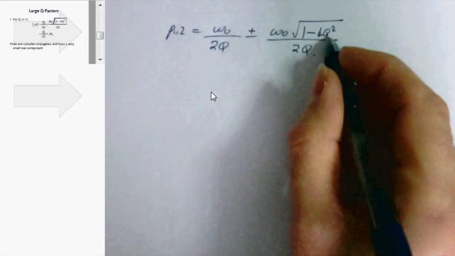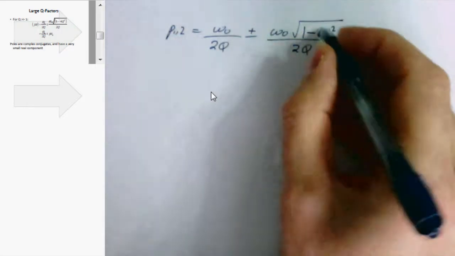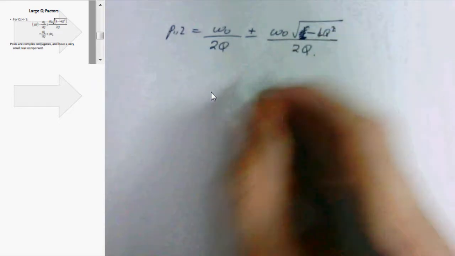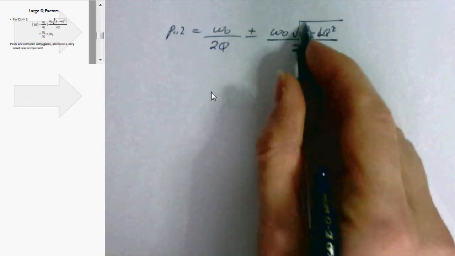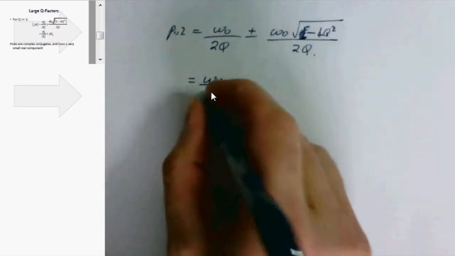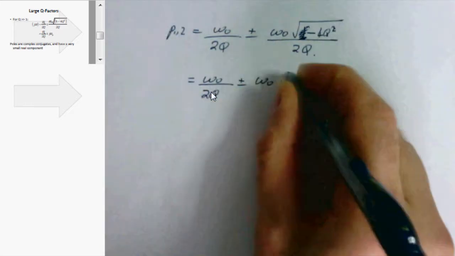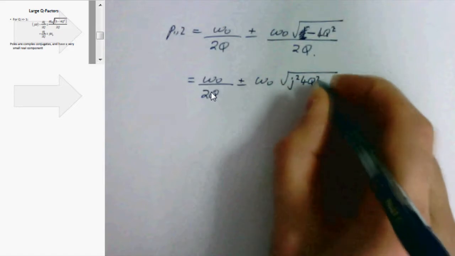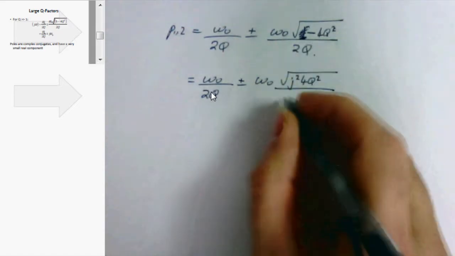When we've got a very large value of Q, we can assume that 4Q squared is much bigger than 1 and neglect the 1. That gives us the square root of minus 4Q squared. I could write that as the square root of j squared 4Q squared, because j squared is minus 1.